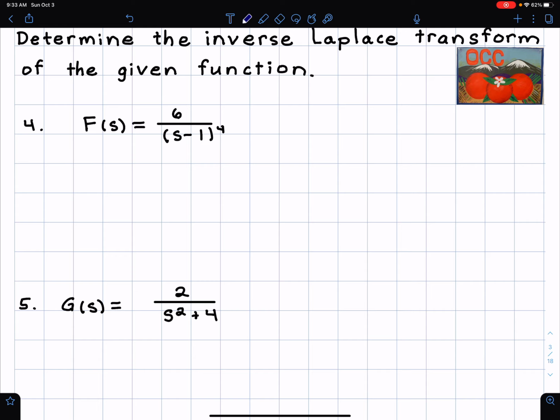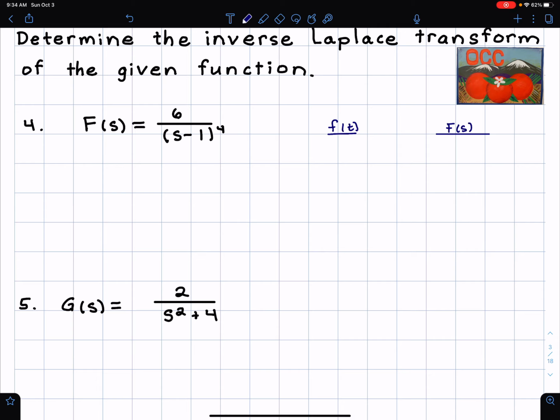So here's our table. If I have f of t on one side, this is how the tables are set up, and then here's the Laplace transform, F of s.